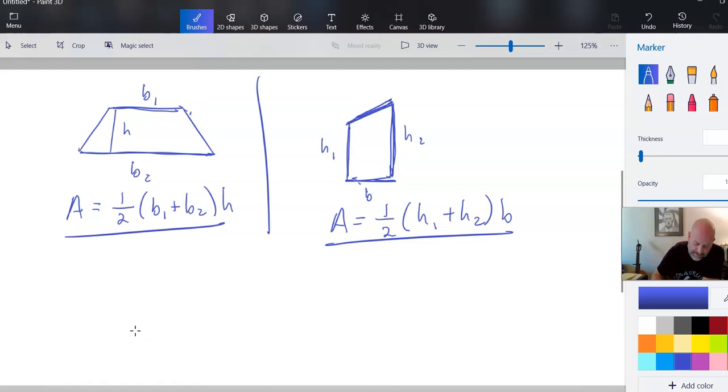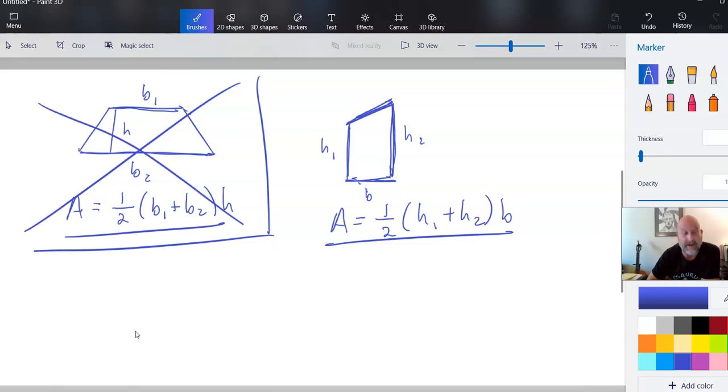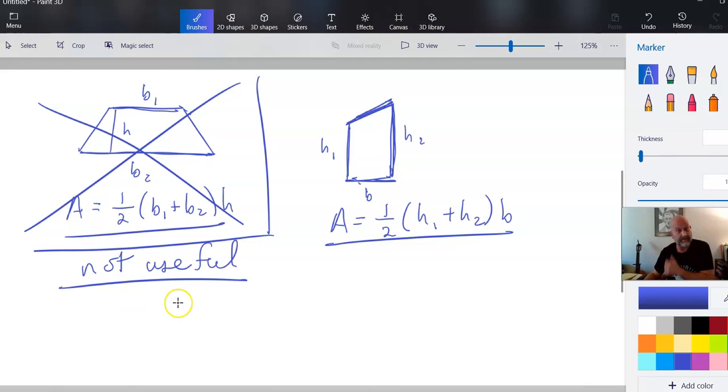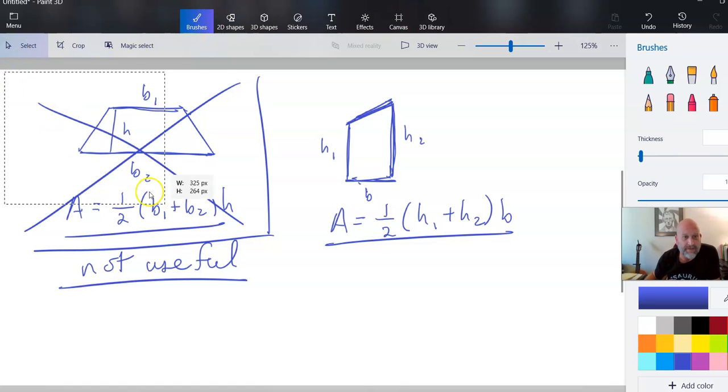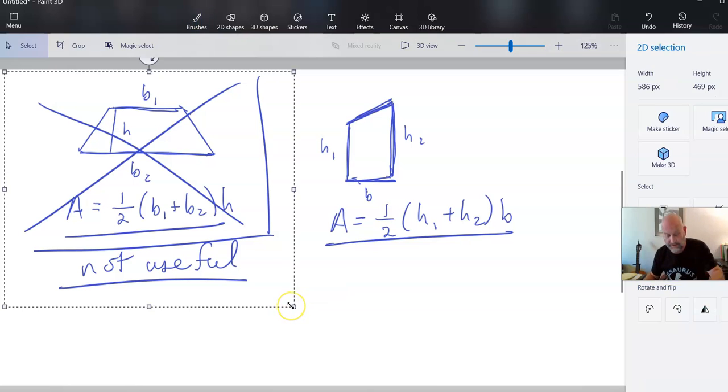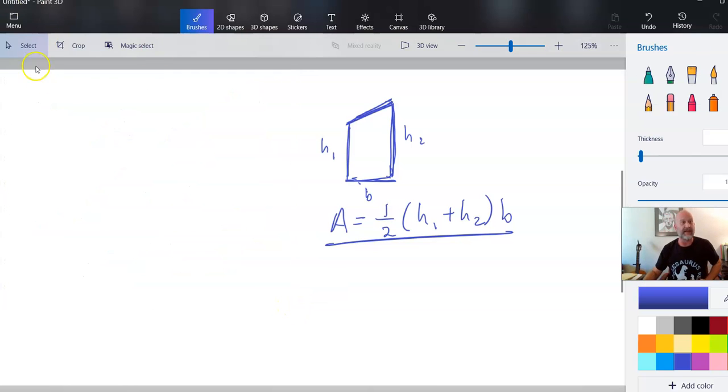We're not going to worry about this one for the moment. This isn't wrong. It's just not going to be useful to us right now. Okay, it is correct. All right, so let me go ahead and get that off of there. That's not going to be the one we're using. We're using this guy.